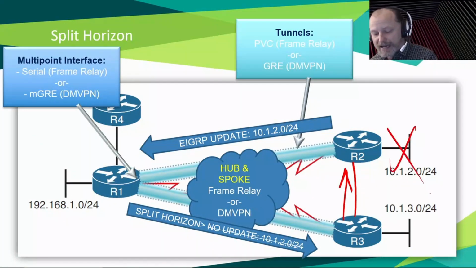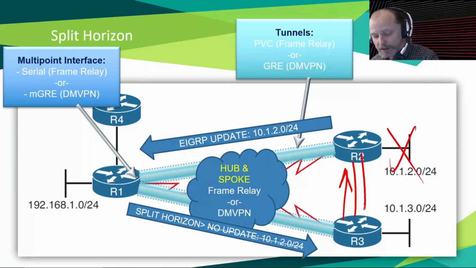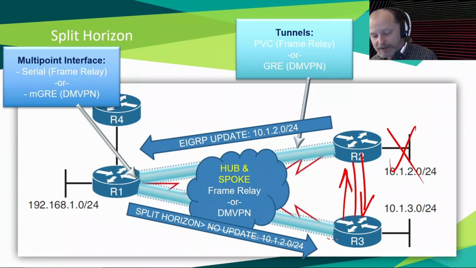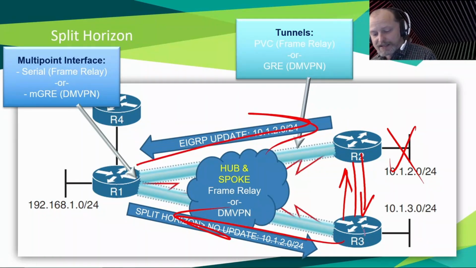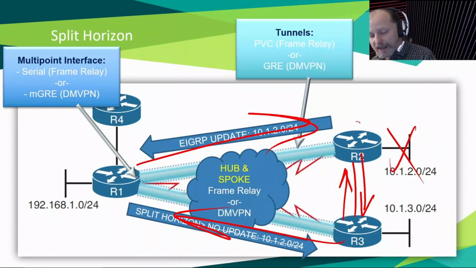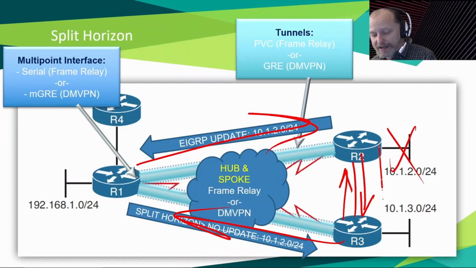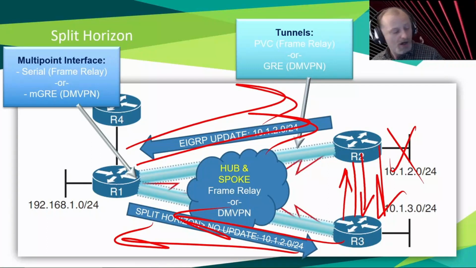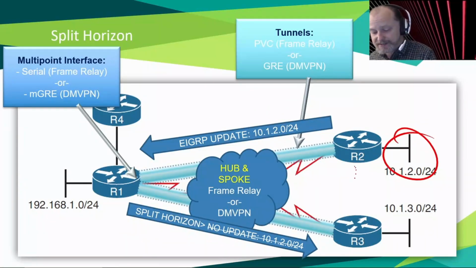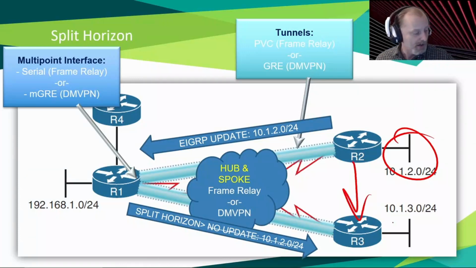If that goes down, R2 will try to send it there. It'll send it there, then it'll get sent here, and then R2's like, oh, I got this packet, I guess I'll send it here, and then it keeps on going because R2 thinks that it can get to this network by going that direction. Okay.